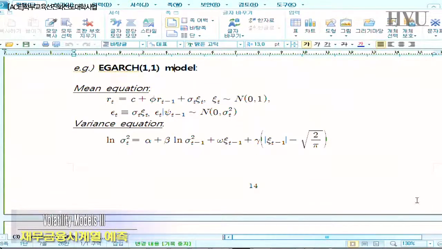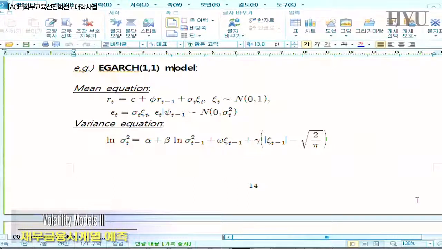So Nelson introduced this one to solve the problem. So this psi t minus 1 is this guy. Okay? So the previous shock. Okay? And you don't square it, right? So if omega is non-negative, so suppose it is positive, okay?